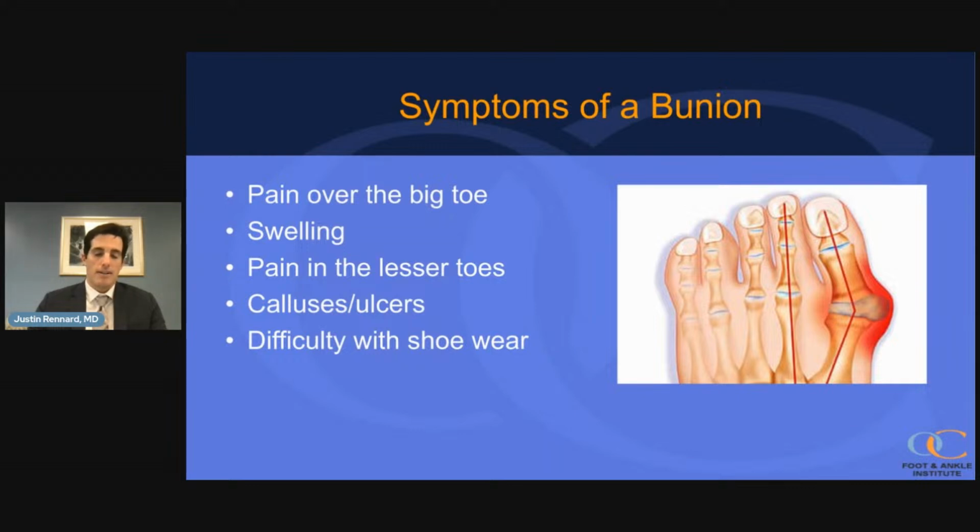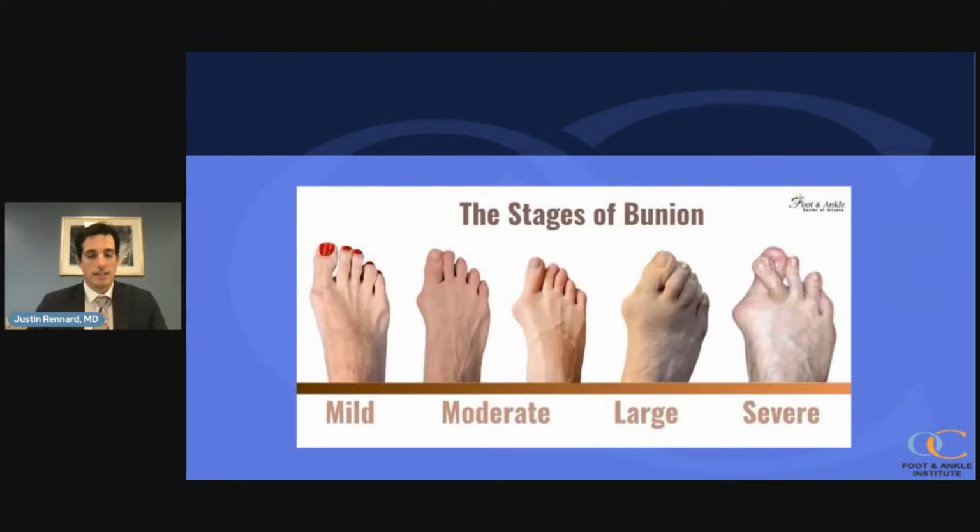You can develop calluses or skin changes, which can eventually lead to ulcers. And you can also develop some difficulty with shoe wear. All of these things can happen because of a bunion, but they don't necessarily have to happen. You can have a very wide foot with a toe that points towards the other toes and have none of these things, or you can have all of them. It depends on the person and how you develop as time goes on.